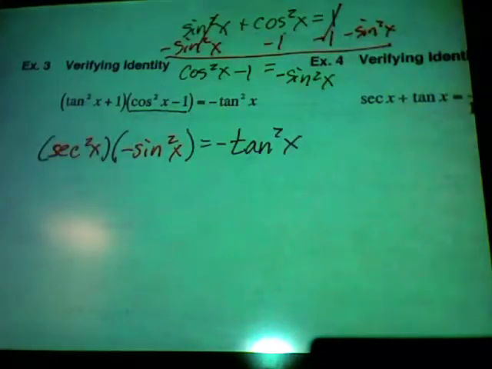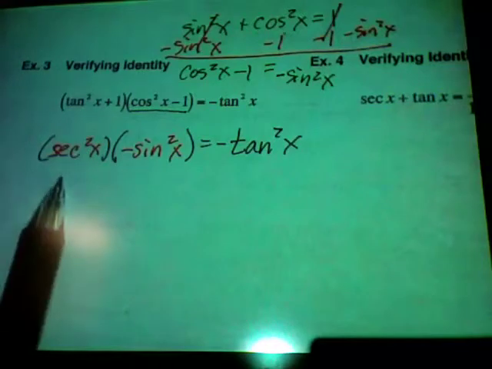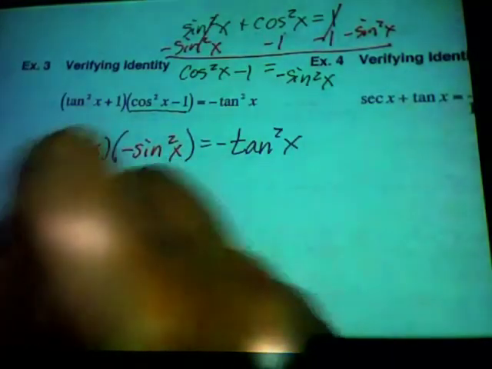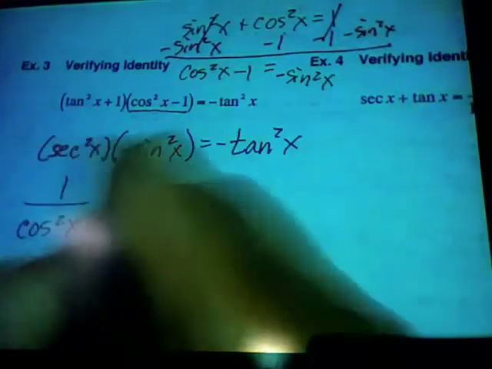I avoid trying to do things to both sides, like you're trying to solve an equation, at all costs, unless I have to. So this is the more complicated side, isn't it? Secant squared. What can you convert secant squared into? Okay, so we've got 1 over cosine squared x times negative sine squared x.